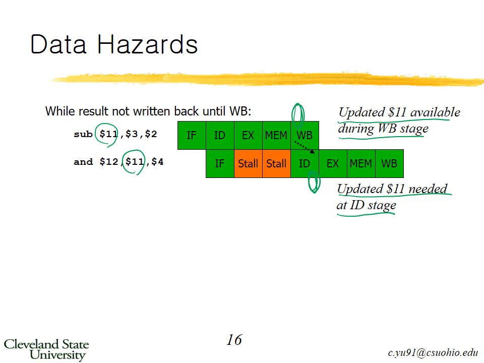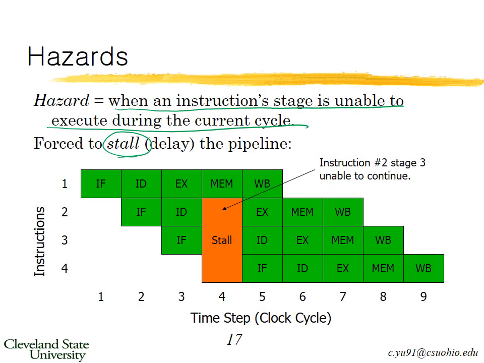and this is called a data hazard. It is a pipeline hazard happening because of the data conflict. The hazard in general is defined as when an instruction's stage is unable to execute during the current cycle, and the easiest solution is to stall or delay the pipeline.